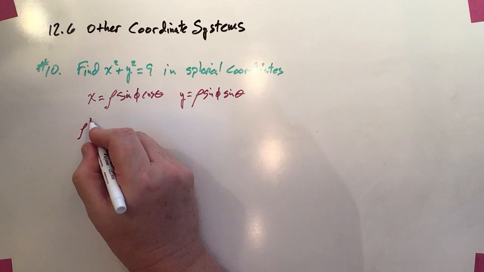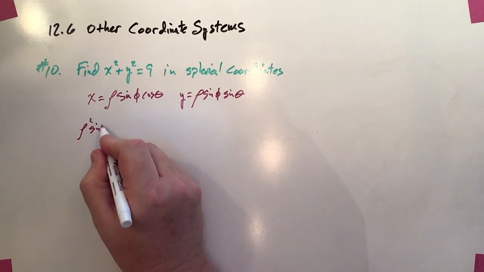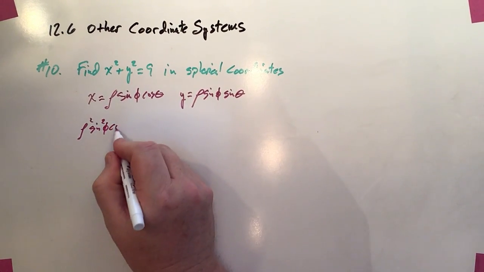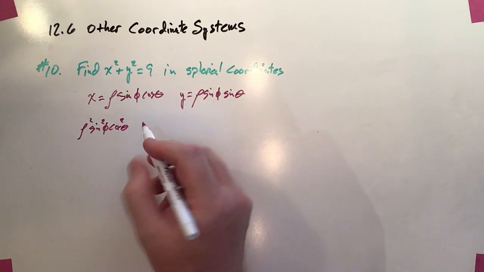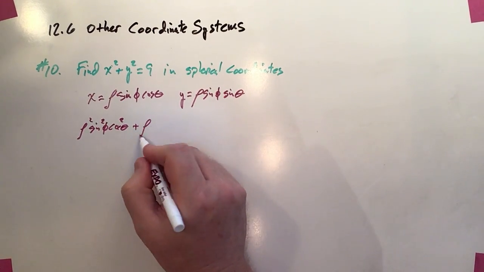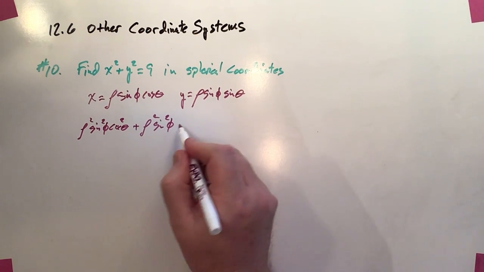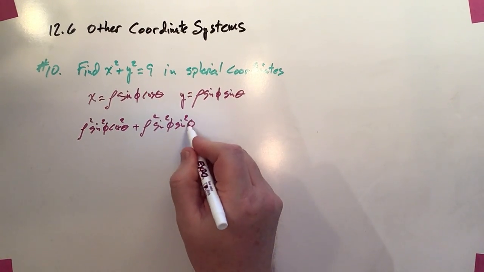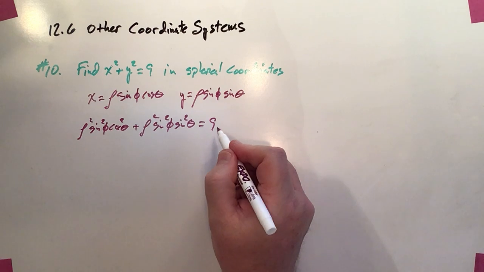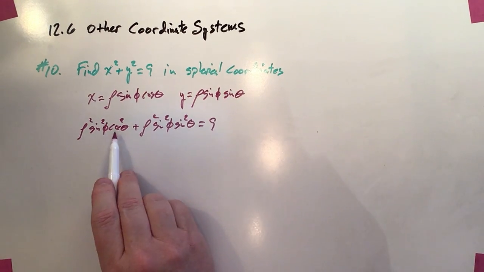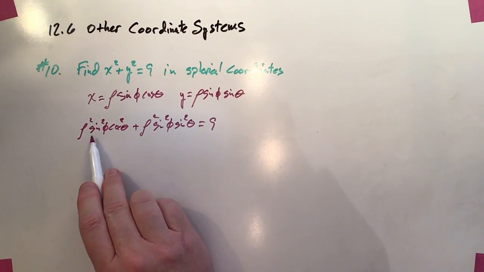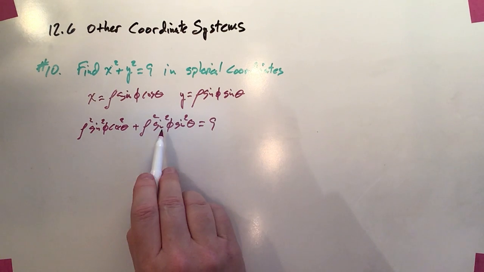So it will be rho squared sine squared phi cosine squared theta plus rho squared sine squared phi sine squared theta equals 9.